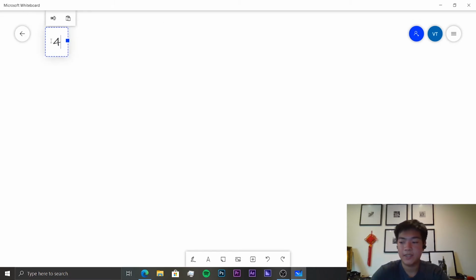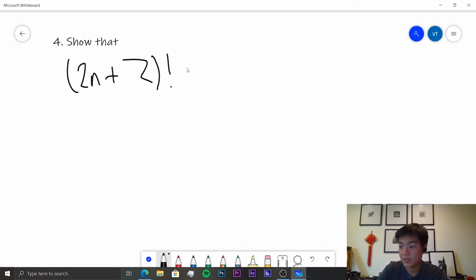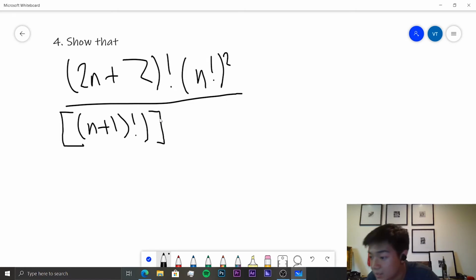So the next problem is show that, it's a long one. So let's see what it is. Show that (2n plus 2) factorial times n factorial squared over ((n plus 1) factorial) to the minus 2, squared, (n plus 1) factorial squared.